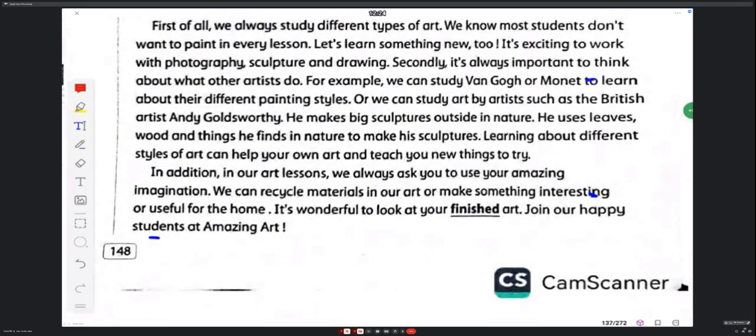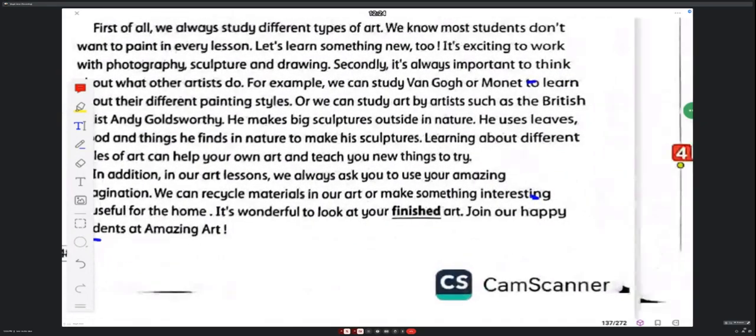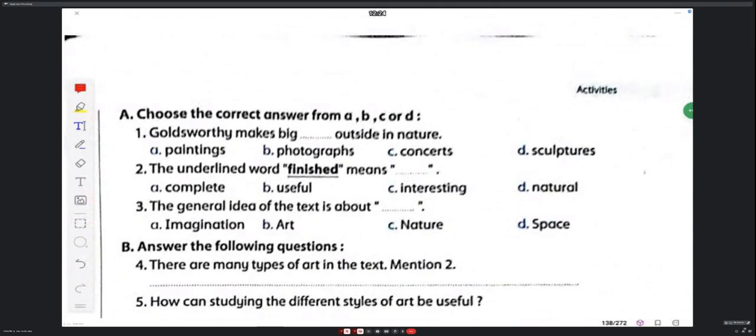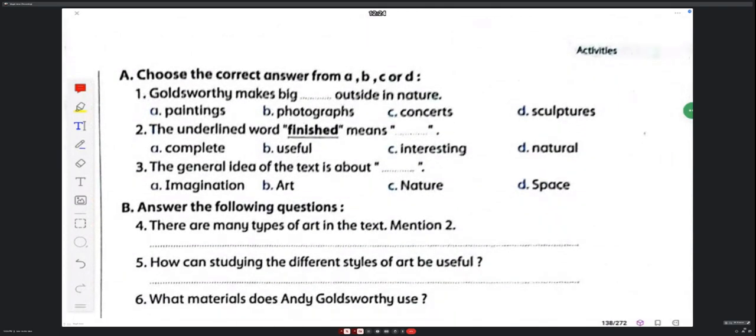Yeah, we can use either of two sentences. Goldsworthy makes big... Lamar: Goldsworthy makes big paintings outside in nature.